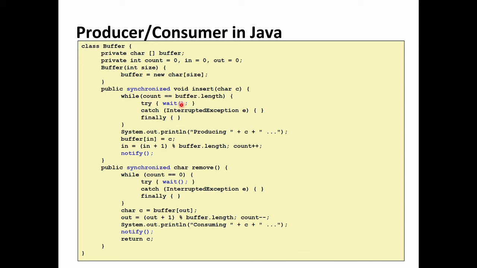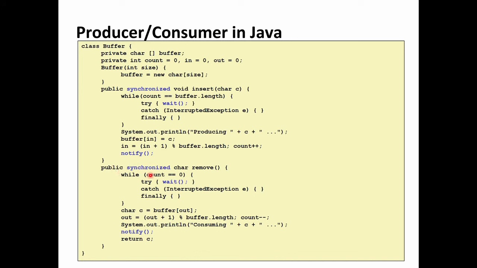If it's full, then it will wait again, and if it's not full, then it will go ahead and produce one character, put it into the buffer, increment the count, and then do a notify. When you do a notify, it will notify any other thread that is waiting in this class for this particular case.